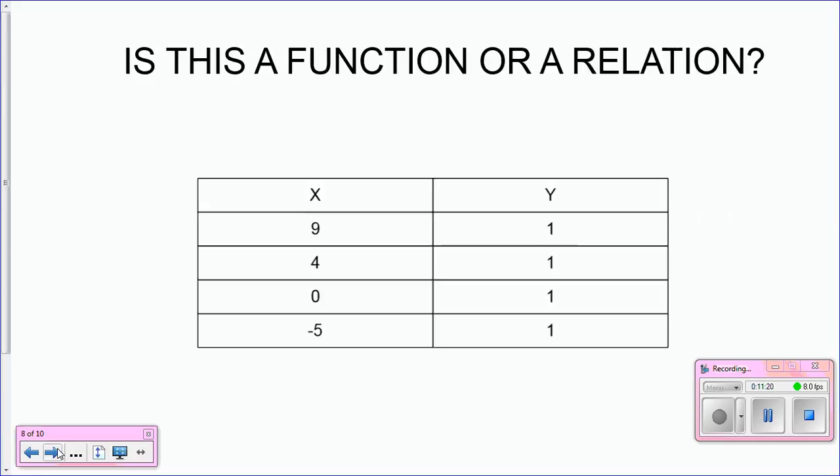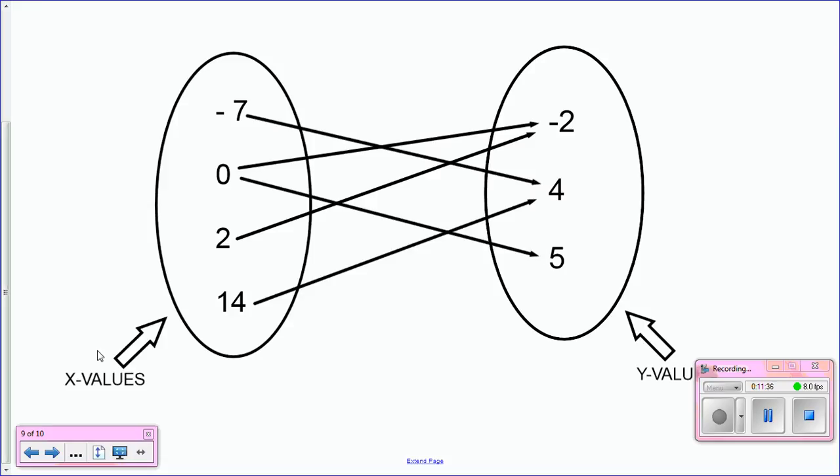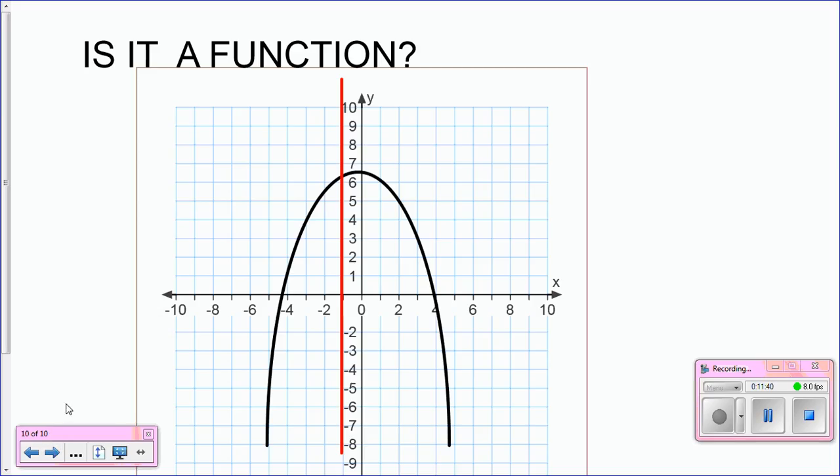So now you're going to do these next 3 on your sheet of paper. They're to try on your own. You have to determine if these are a function or a relation just by looking at it, okay? So you have a table, you have mapping, and I labeled them for you so you know these are the x values, these are the y values, and a graph.